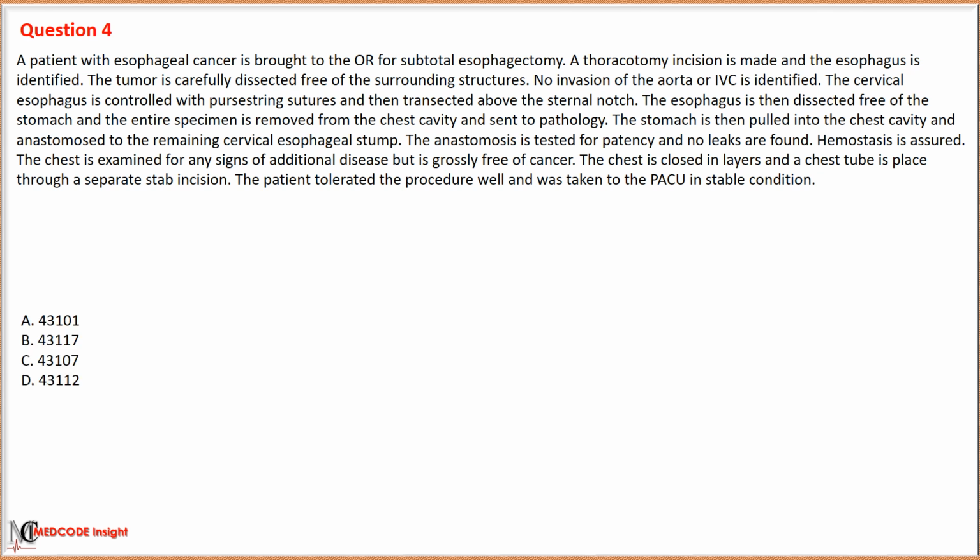Option A with code 43101, option B with code 43117, option C with code 43107, option D with code 43112. In the given scenario, we first need to consider the approach of the surgery. The physician is performing a thoracotomy to expose the esophagus.